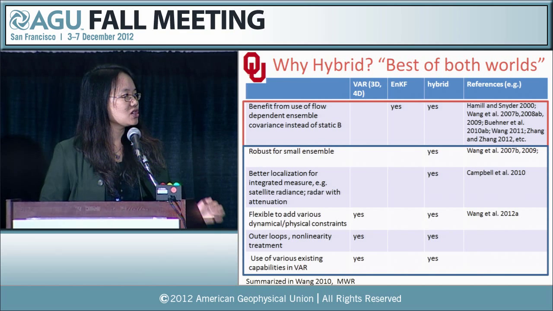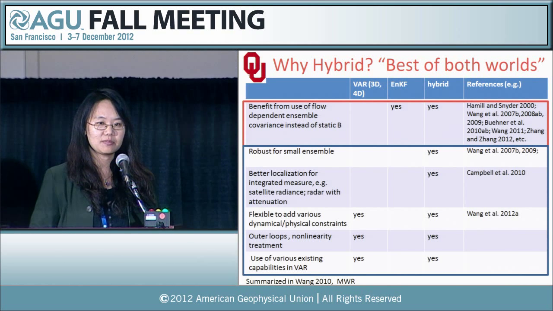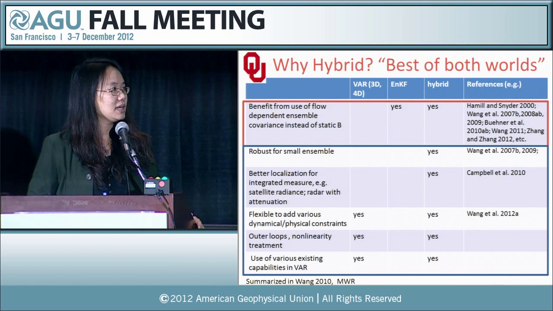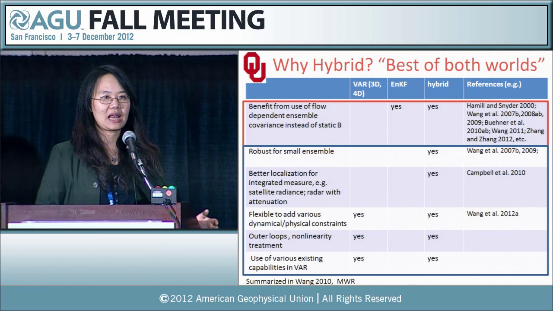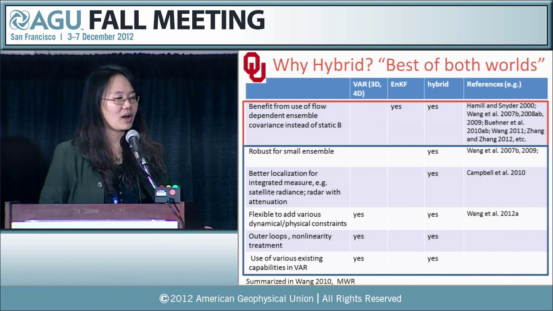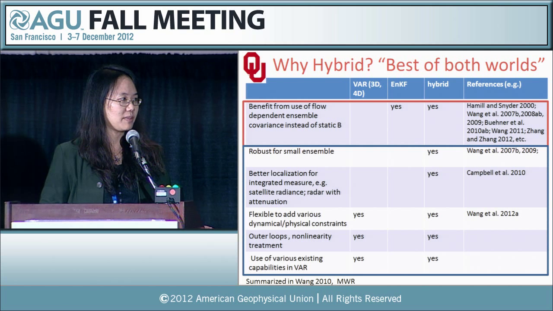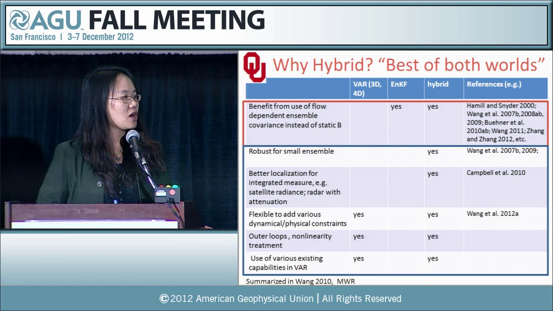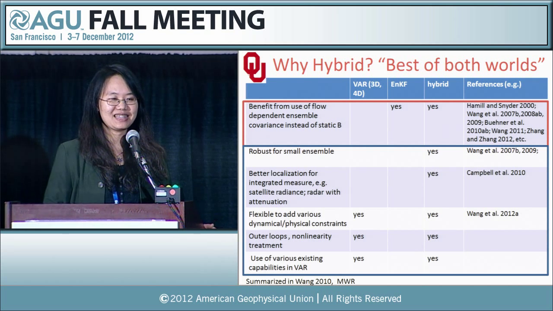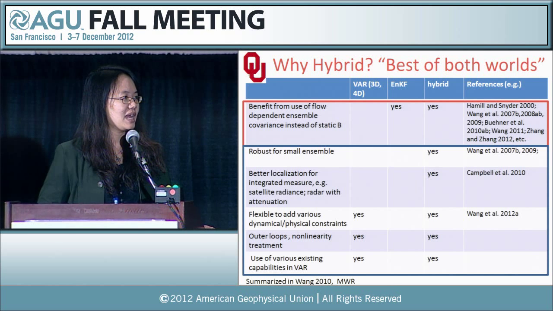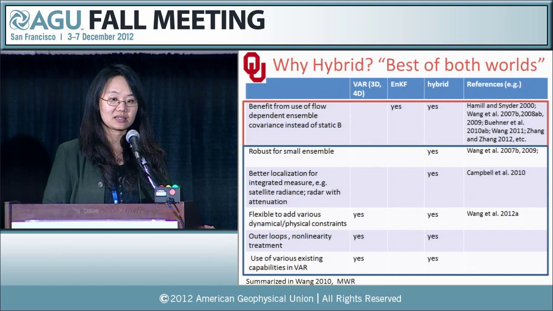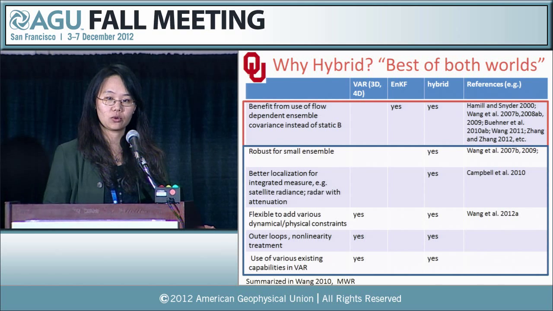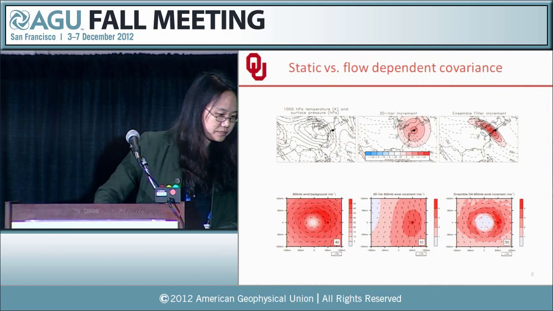There are also studies suggesting that because the hybrid system still uses the variational framework, it can benefit from dynamical or physical constraints, while the EnKF is a purely statistical method. Because the hybrid is also based on the existing variational system, it can take advantage of many existing capabilities like the variational QC or outer loops.